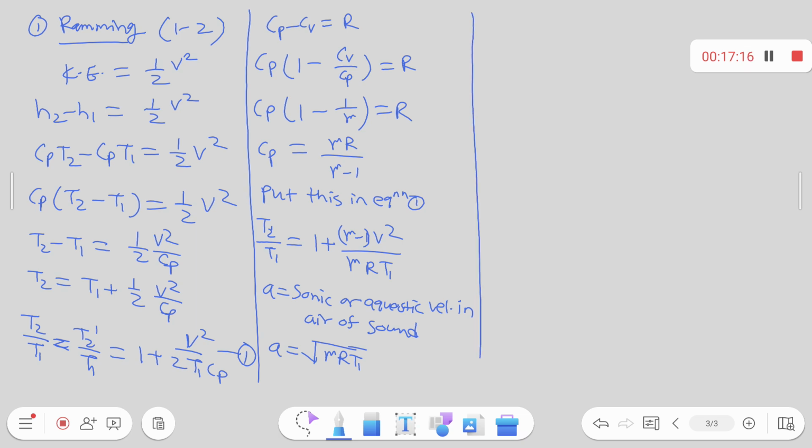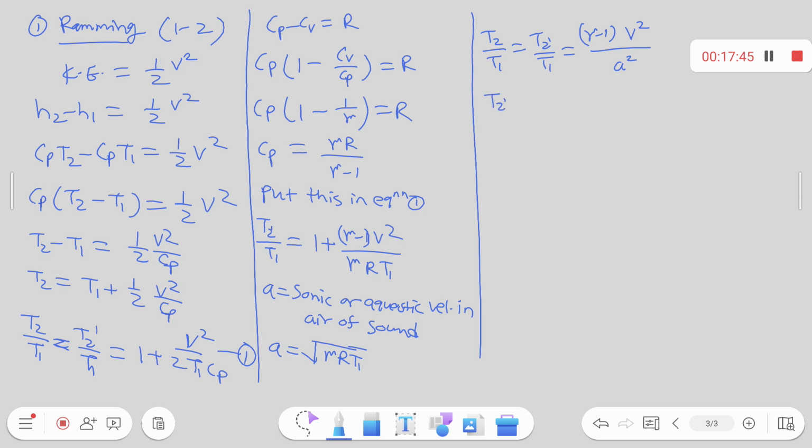So T2 by T1, which is equal to T2 dash by T1, is equal to (gamma minus 1) into V square by A square, right? So here this is the formula to calculate the temperature.